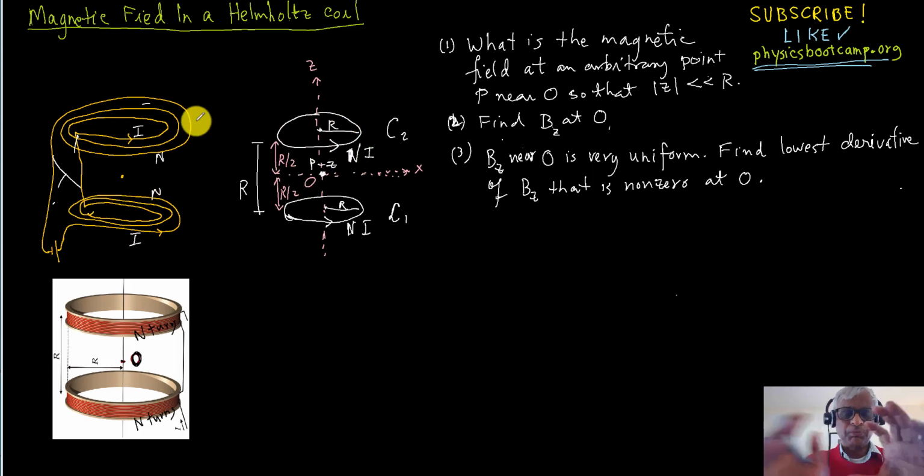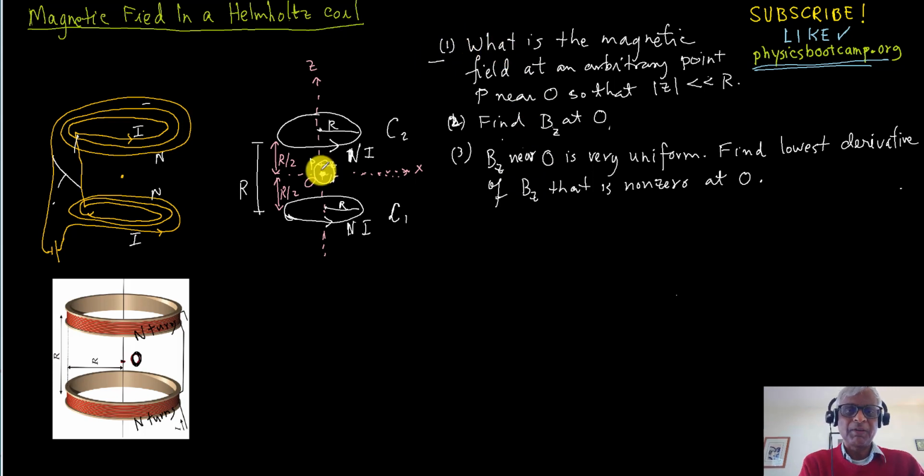Each one is replaced by a single loop. The radius of that loop is capital R, and the distance between them is also capital R. We are interested in a very small region around the center. We're going to answer all the questions near the origin.